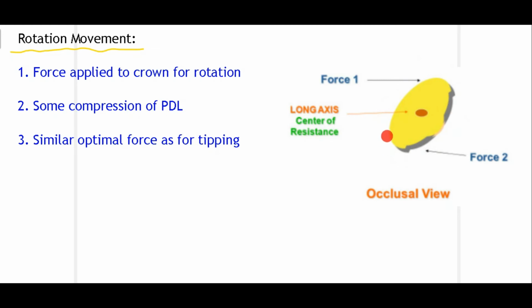So when the tooth rotates, PDL is compressed. The force that is required to achieve rotation is similar to the force required to achieve tipping movement. You can see the center of resistance is over here. One force is applied over here, the second is here. This is the occlusal view and the tooth rotates around its axis. So this is rotation movement.